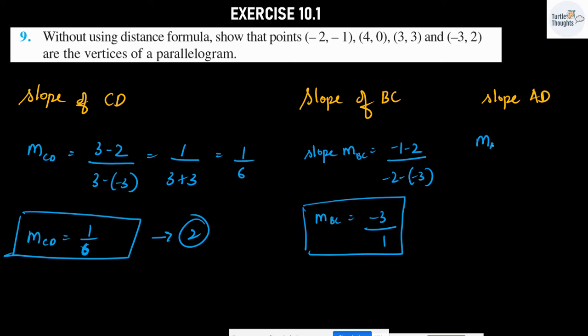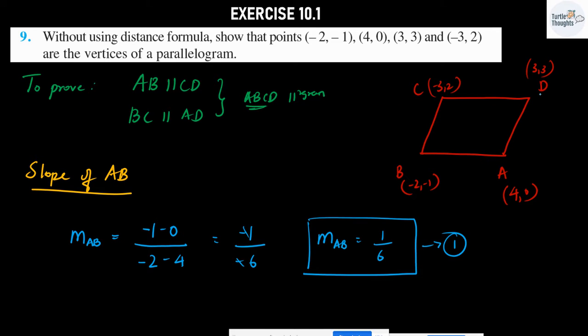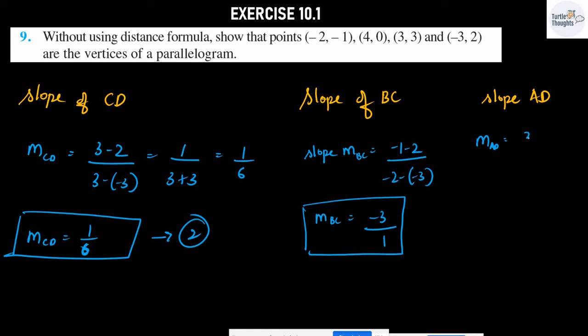Similarly, slope of line AD can be found out. Slope of line AD is y2 minus y1. So 3 minus 0 divided by x2 minus x1. This point you can take as x1 y1. This point you can take as x2 y2. It is of your choice. Any point you can take. The answer will remain the same.